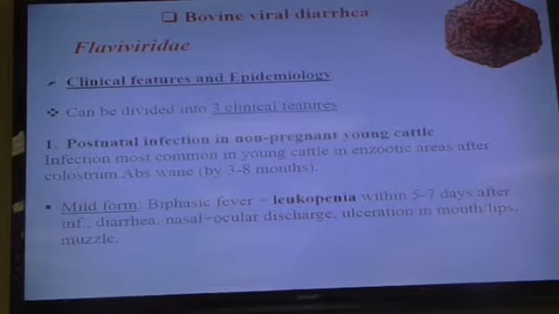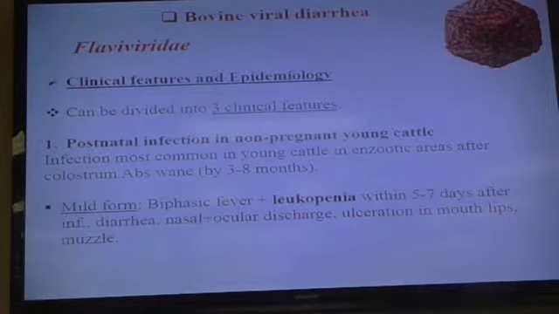So what are the clinical features of this disease? The first one is postnatal infection in non-pregnant young cattle. There is a mild form and a severe form.